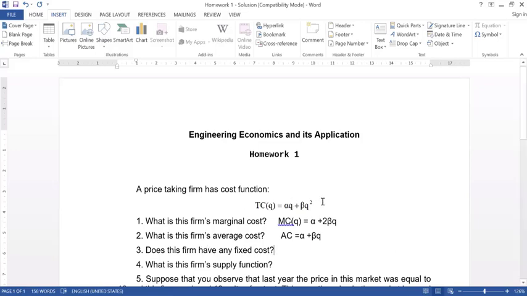In this function, you can see that if Q equal to 0, the total cost is 0. So the answer here is no. That means FC equals 0. That's question number 3.